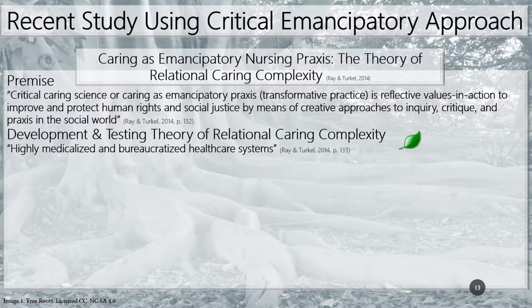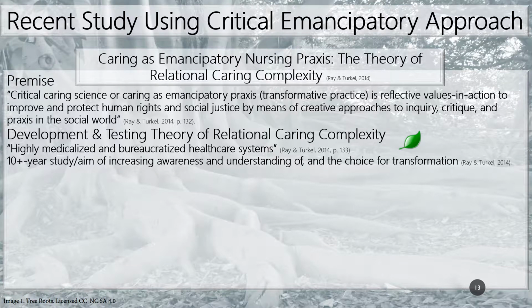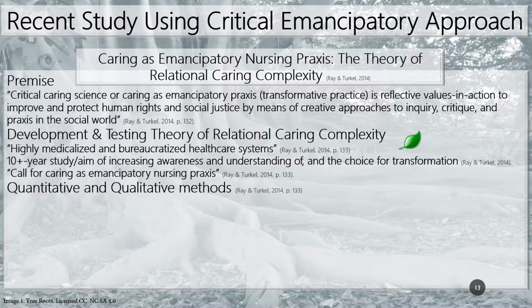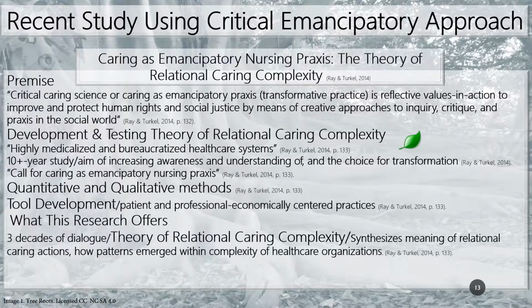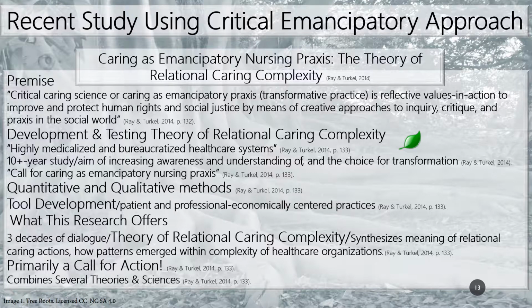Their study included both quantitative and qualitative methods of data generation, and its aim was to identify and understand the patterns which emerge in a complex healthcare system. They proposed that the problem is that healthcare is becoming too medicalized and bureaucratized, and they called for nurses to engage in emancipatory nursing practice based on their findings.